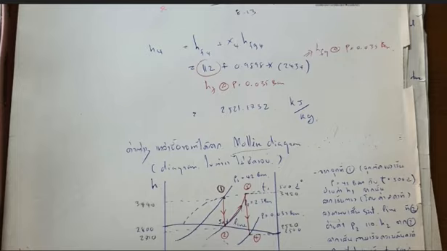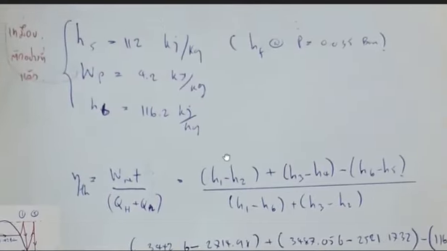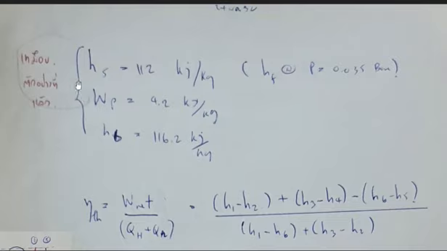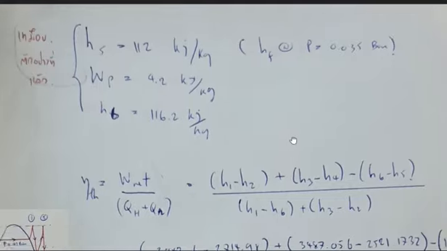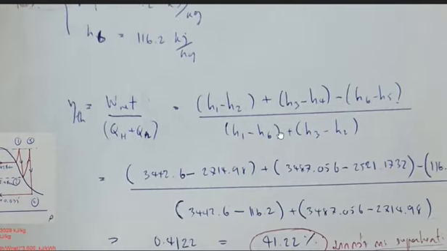Now we get S4 and S5 and S6. We can do the same thing as before to get the number. So now we can find the thermal efficiency for this cycle here.